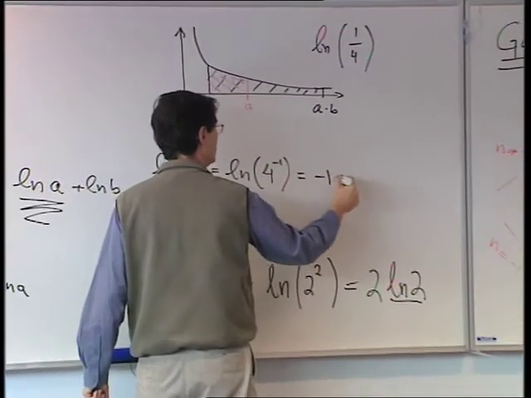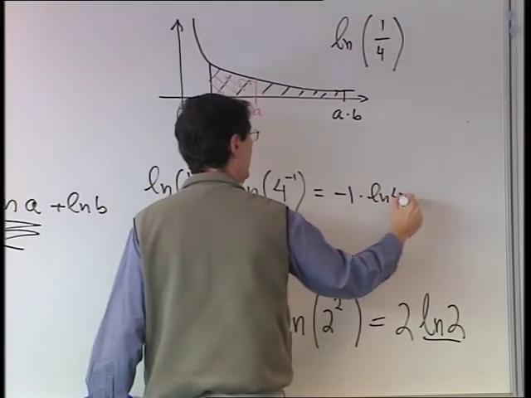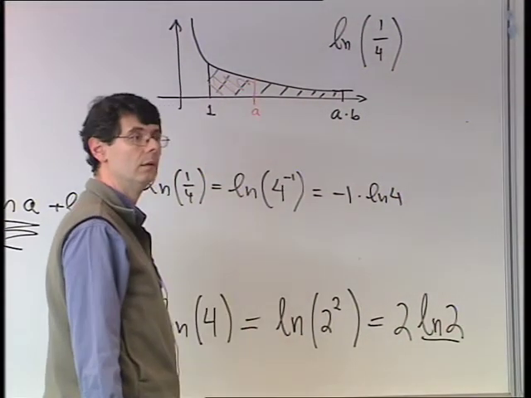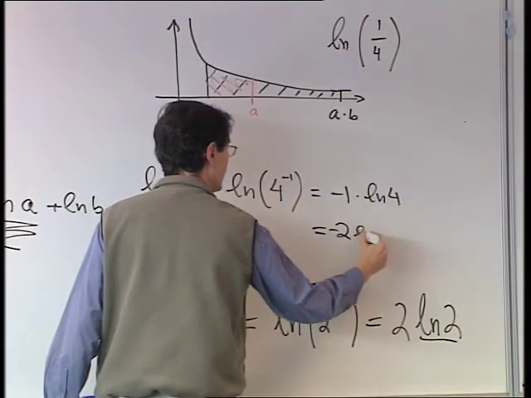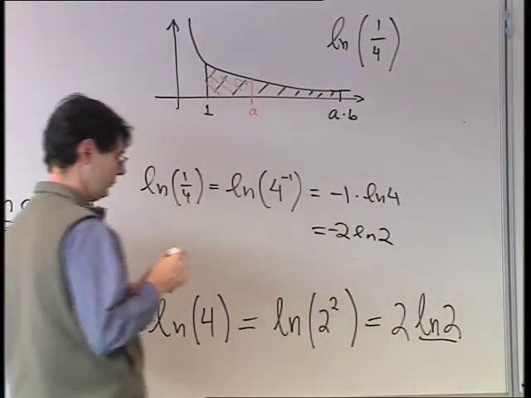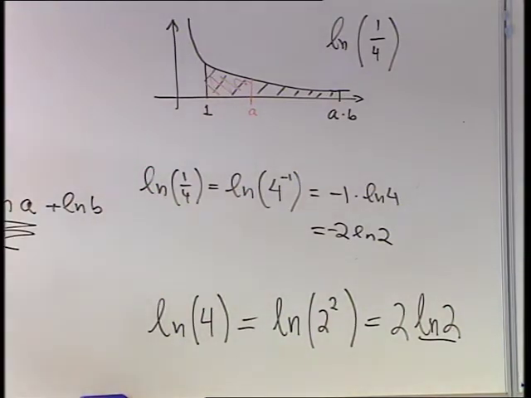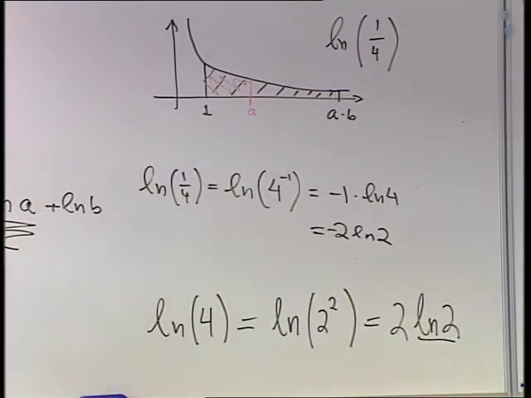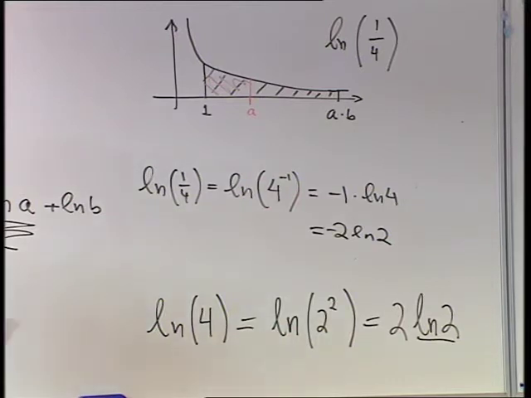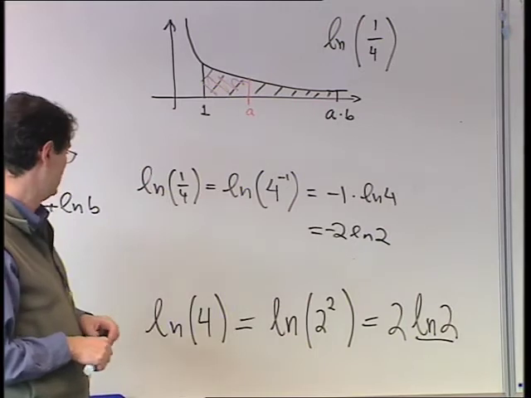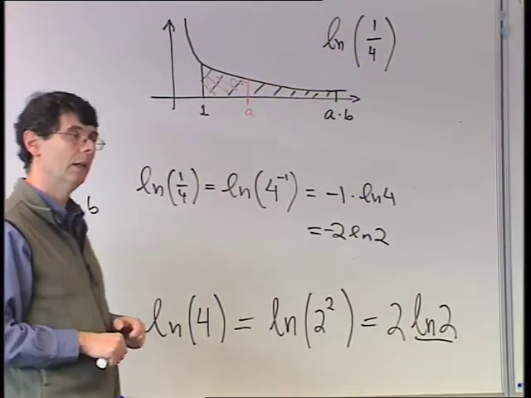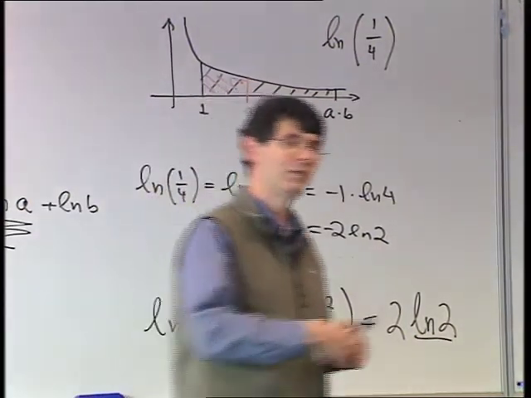So it's negative 1 times log 4. So it's negative 2 log 2. Okay. Oh, if only we knew the value of log 2, right? You'd be able to find all of these other logs.